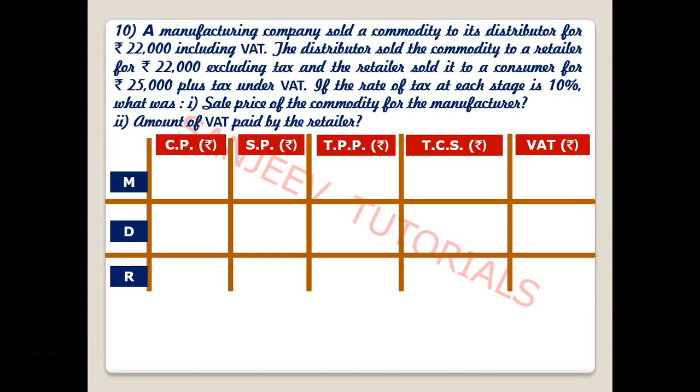So currently I do not know what is the selling price without tax. So I am assuming let the selling price for manufacturer be rupees X. So X is the selling price for the manufacturer without tax. Tax charged on sale is 10% of the selling price. So 10% of X. Total selling price for manufacturer is rupees 22,000.